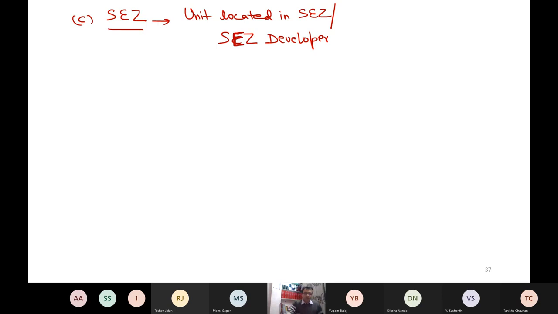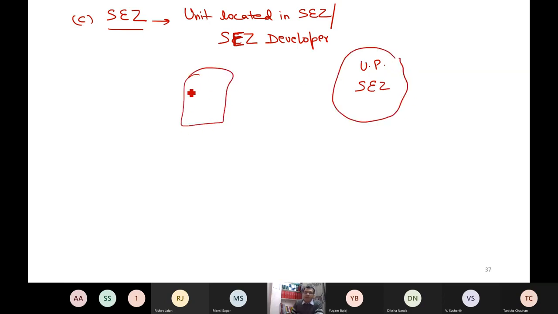Now suppose in UP also we have special economic zones. In Haryana, for example, I have a factory which is not in a special economic zone. As Mr. X, I have a factory in Haryana which is not in a special economic zone, and as Mr. X, I have another factory in UP which is in a special economic zone.